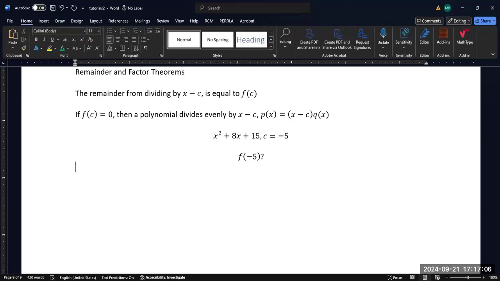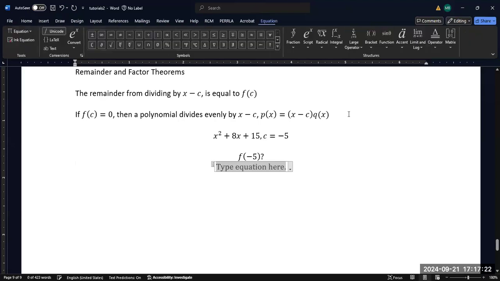Now, what we can do is evaluate it in the function, and then do the division, and see that they're the same value. So first, let's do it the old-fashioned traditional way. F of negative 5, we'll just plug it in and see what happens.